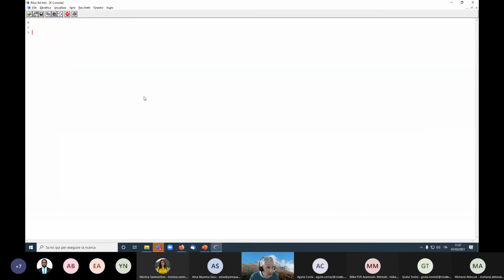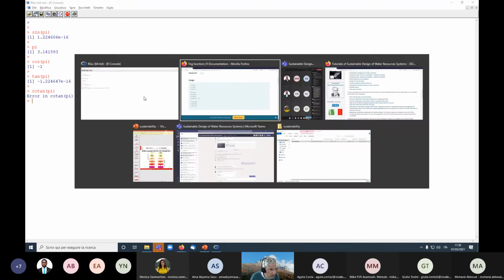I clear the screen. Like sin pi, it's 0. What is pi? Pi is the number pi. It's already embedded into R. Cos pi, -1. Tan pi, 0.